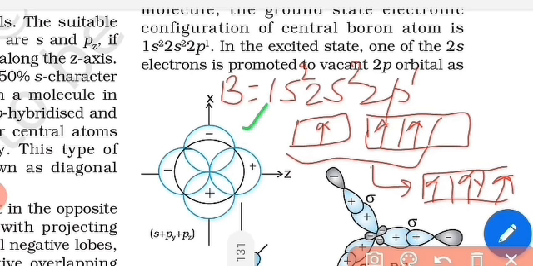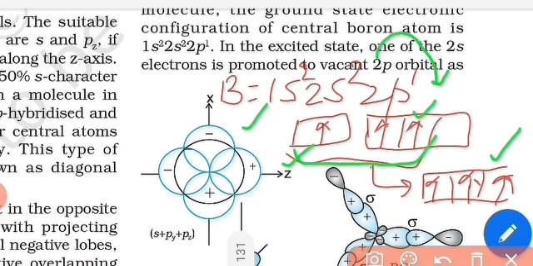Now ground state configuration of boron atom is 1s2, 2s2, 2p1. In excited state, one of the s electrons will go to p subshell, and in this way its excited state configuration becomes 1s2, 2s1, 2p2. Now after that, these 3 orbitals undergo hybridization and we get 3 hybrid orbitals.